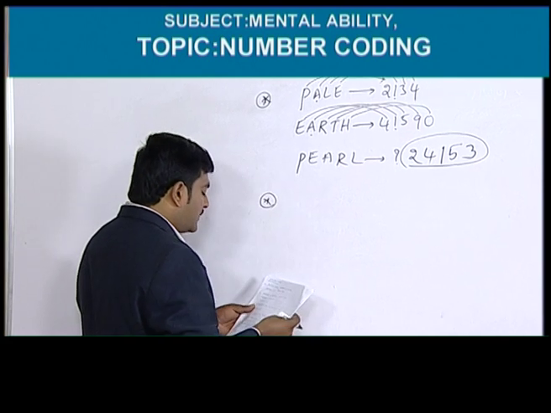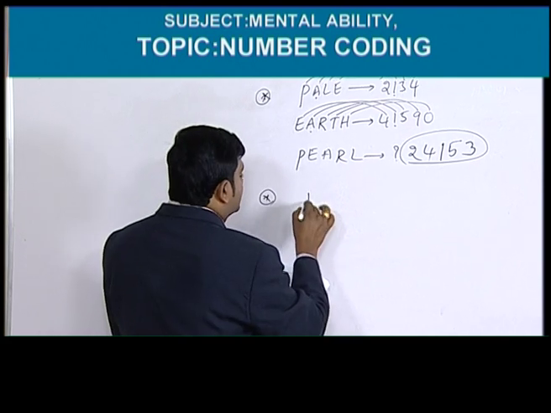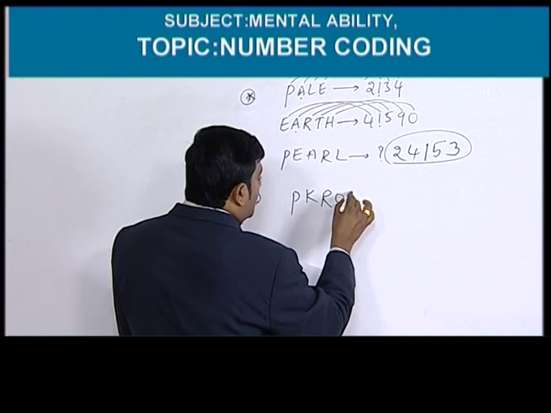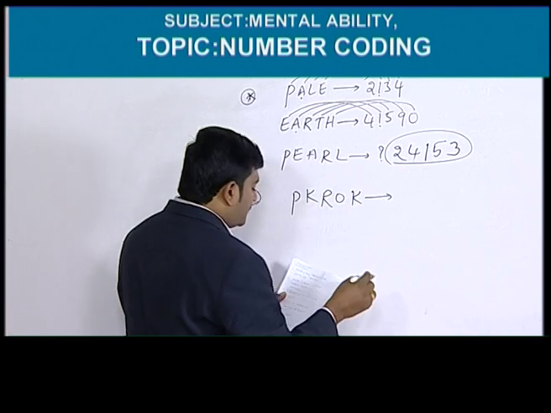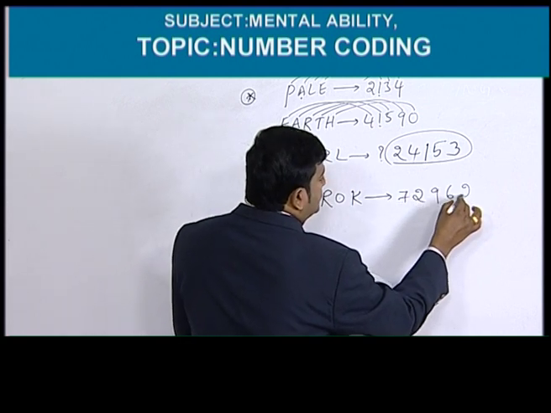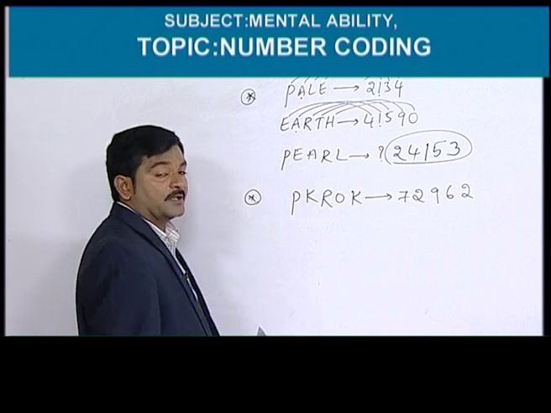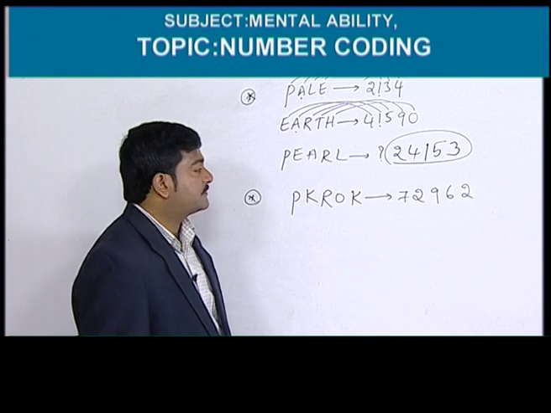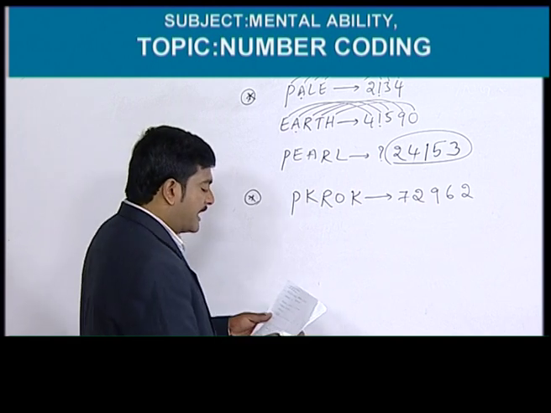For example, in a certain code language, PKROK can be written as 72962. I repeat, in a certain code language, PKROK is written as 72962.